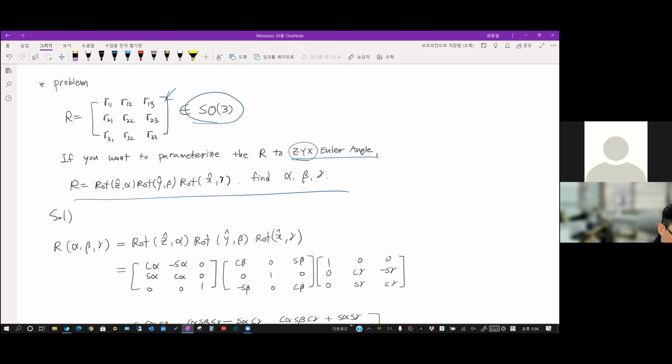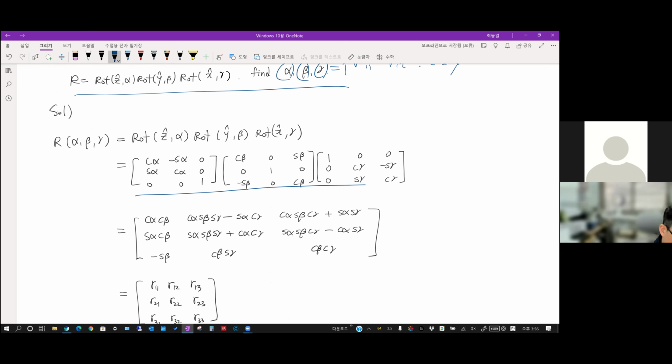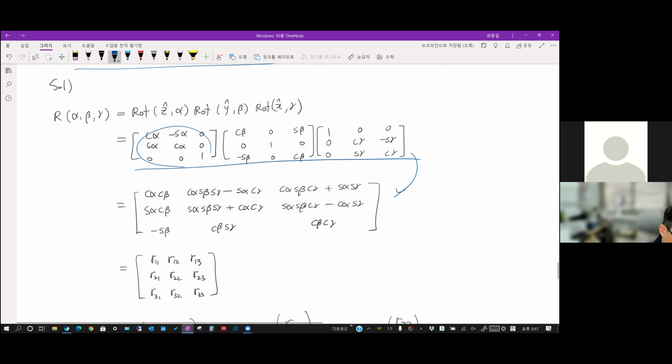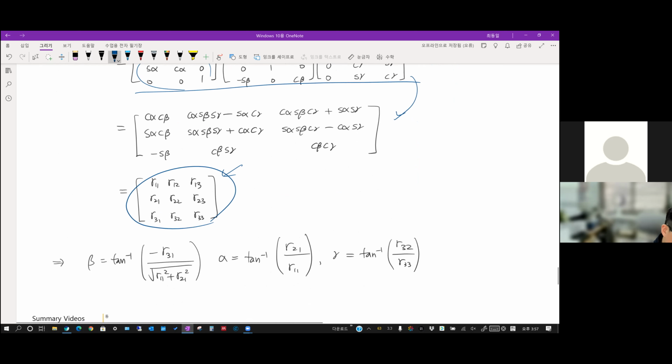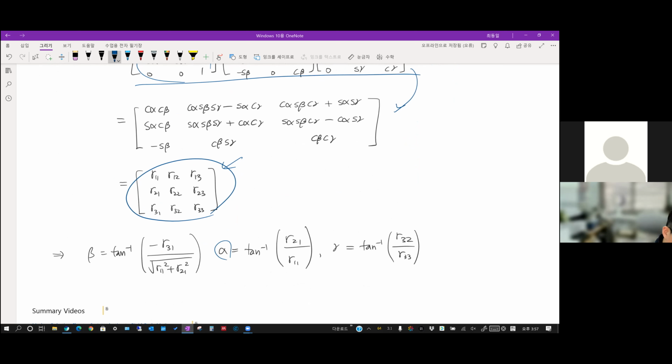This means this alpha, beta, gamma is represented by some combination of R11, R12, etc. So let's think about this. These three matrices are multiplied like this, and this one is equal to the R11, R12, and so on. So let's find out alpha, beta, gamma.